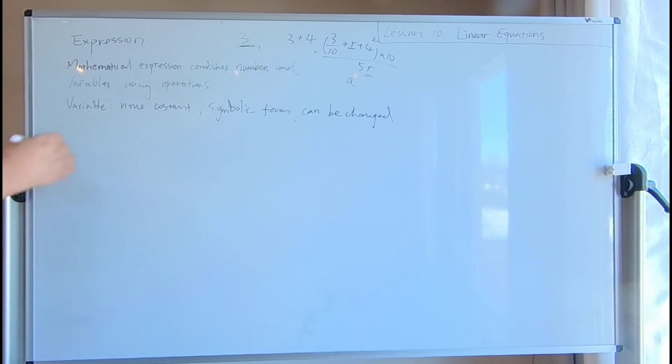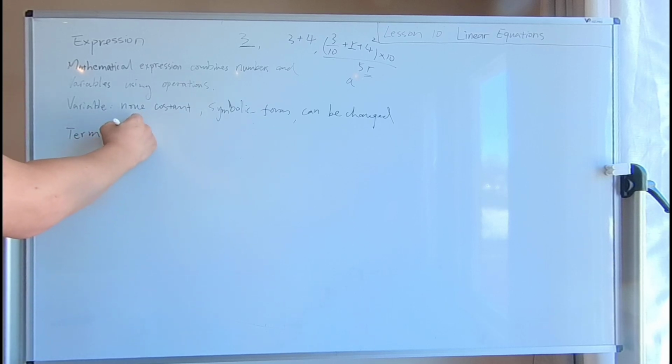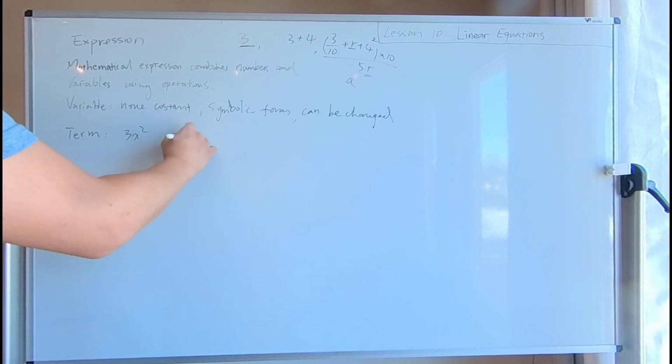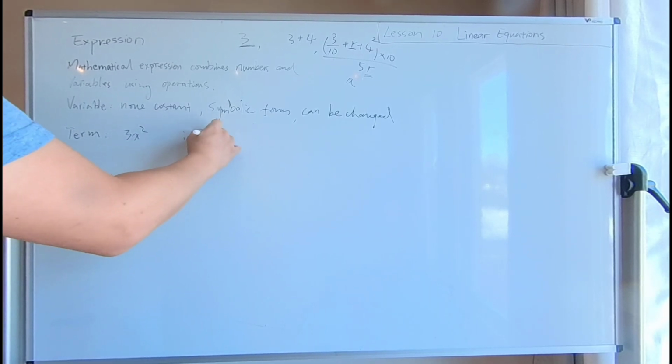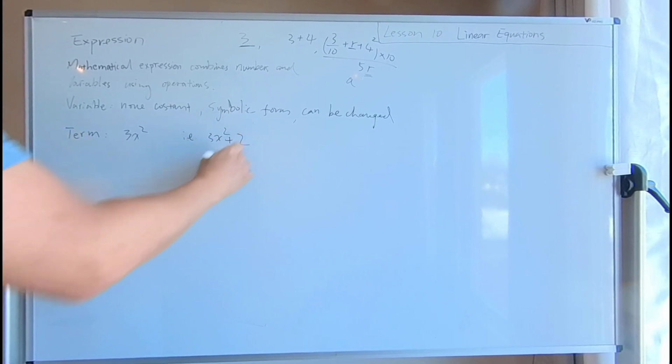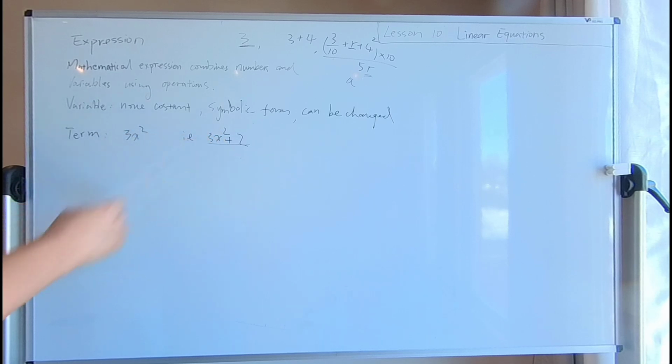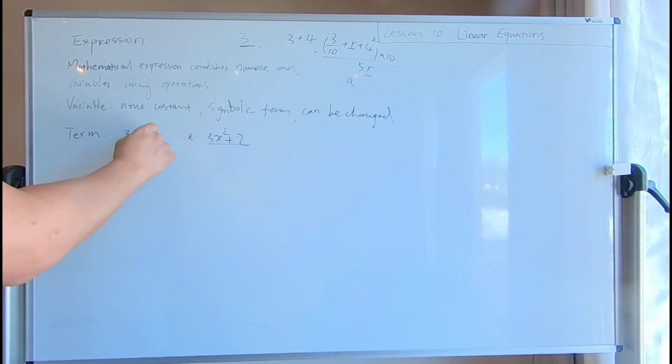Another concept: a term. A term is part of the expression, but usually does not contain operations, like 3x squared. So for example, if I have 3x squared plus 2, this is an expression, but from that, the 3x squared is a term, and 2 is another term.